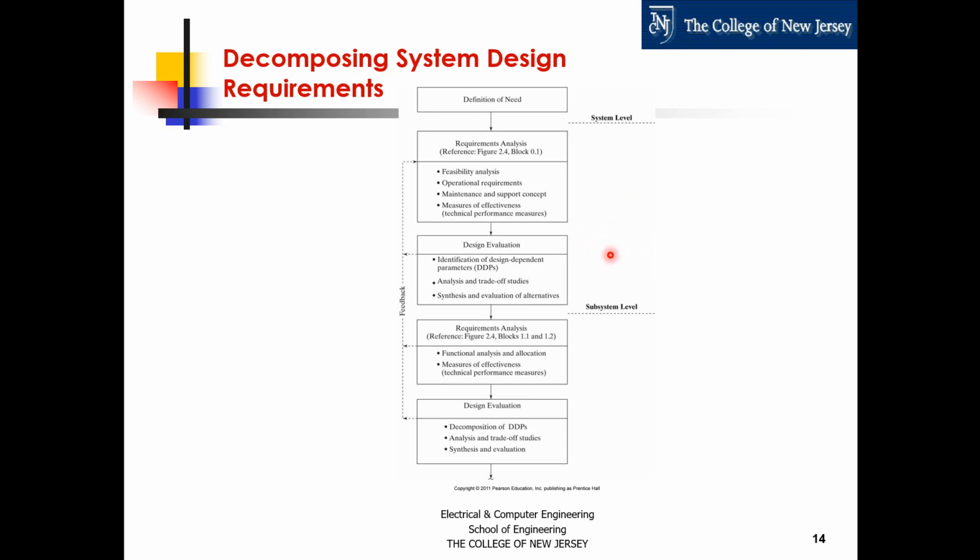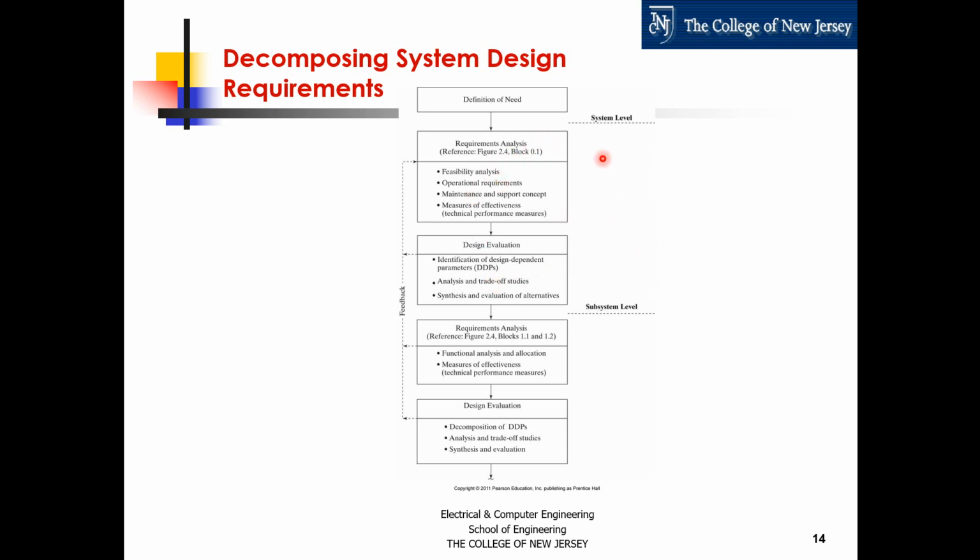Those come from both the operational requirements and the measures of effectiveness, or the technical performance measures. We can start analyzing trade-off studies, and we can start then synthesizing, basically coming up with the hows, because at this point we have good whats.